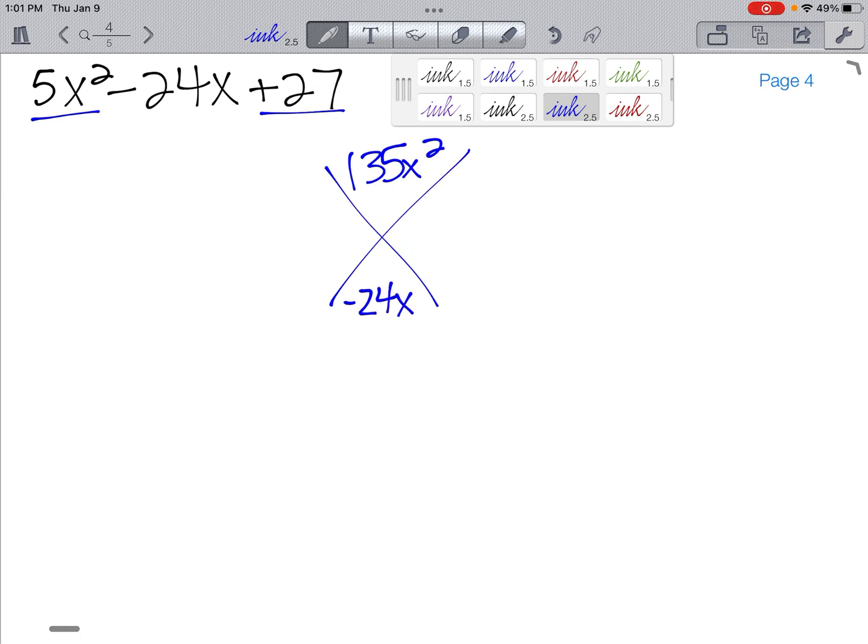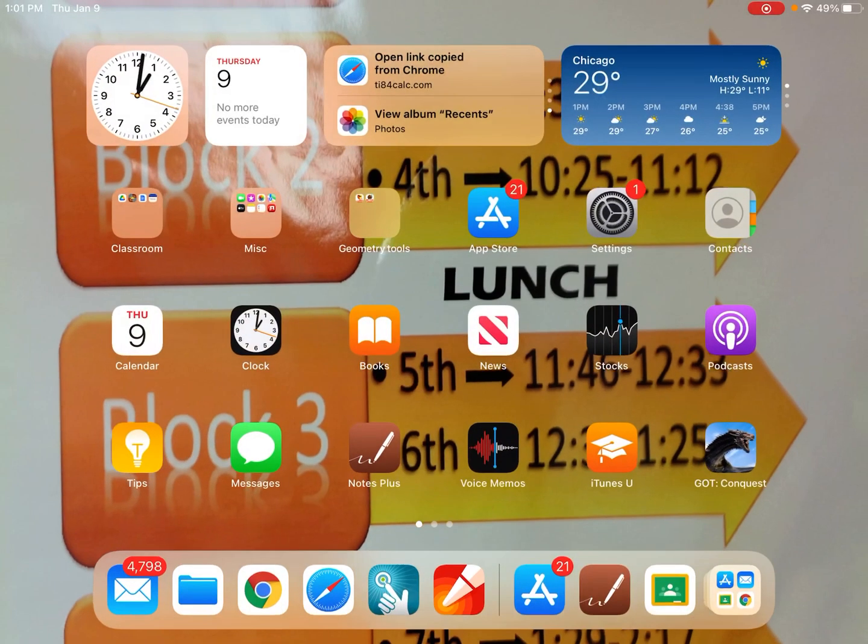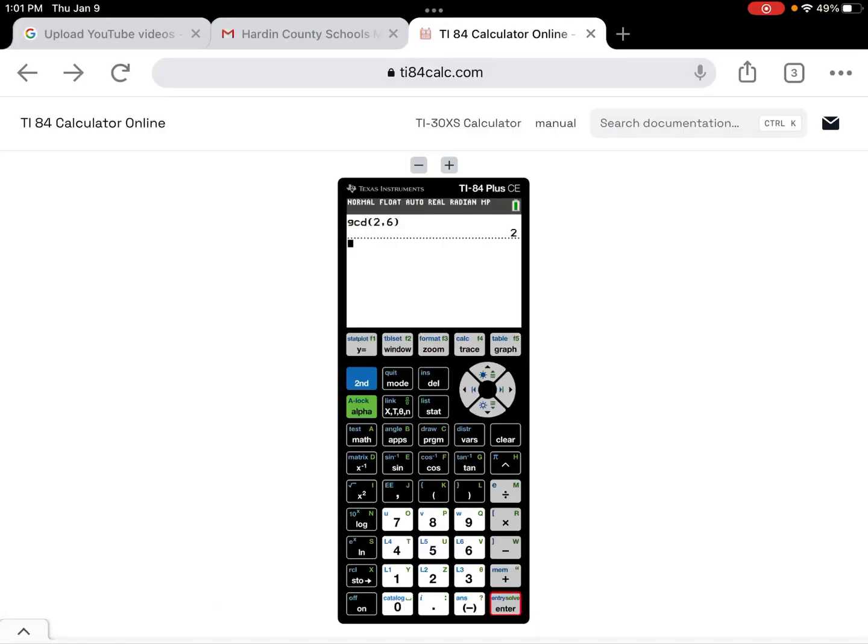So now, factors of 135 that subtract to negative 24. Let's go back to our calculator. And we're going to go back to our y equals and clear these out. Remember, the top of our x puzzle now is 135.